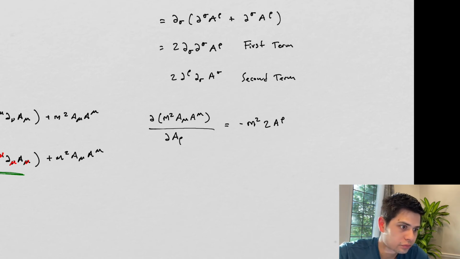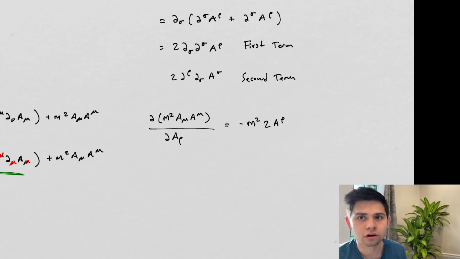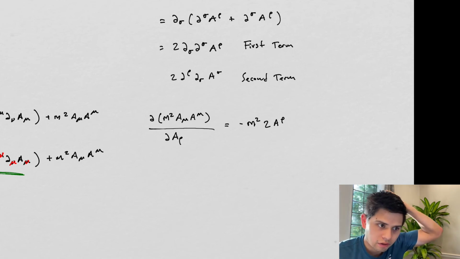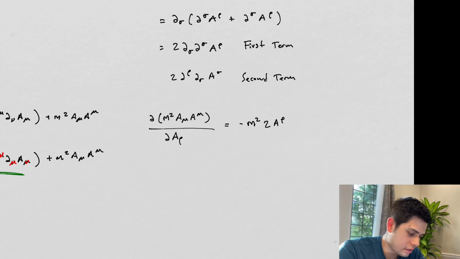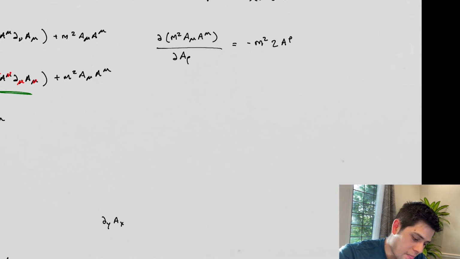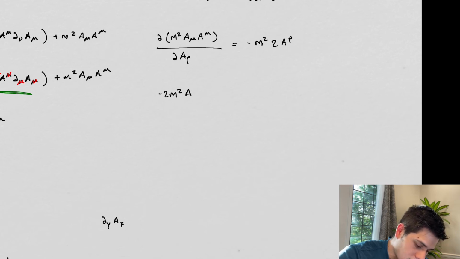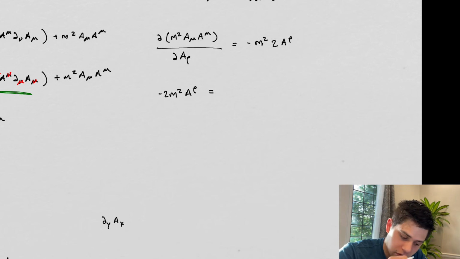And so our overall term is minus m squared. Actually, I'll put the coefficient first.